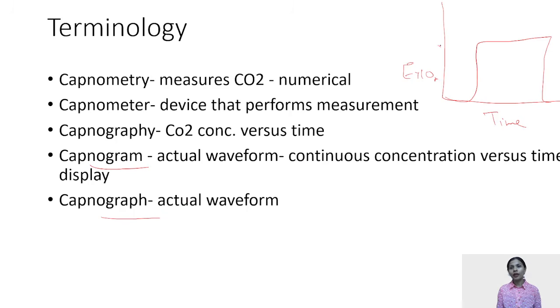The numerical value is known as the capnometry, that is the measured CO2. The device which is used to measure CO2 is known as the capnometer. Capnography is the graphical representation of this. This whole is capnography. The graph that comes is the capnogram, the numerical value is the capnometry, and the instrument required for the same is the capnometer.